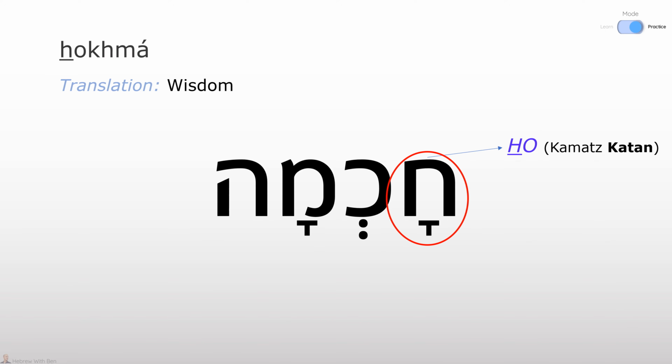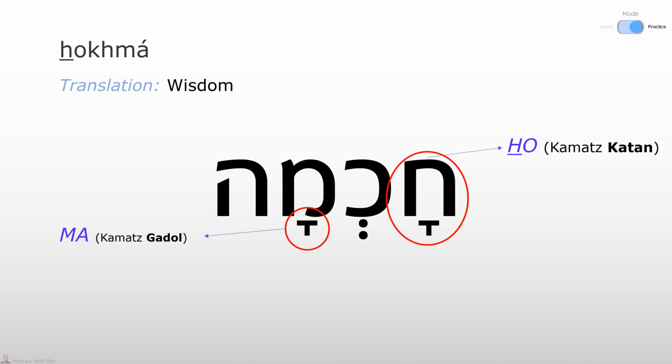The first kamatz is a kamatz katan, adding the sound of O to the consonant Chet. The syllable sound is Cho. The second kamatz is a kamatz gadol, adding the sound of A to the consonant Mem. The syllable sound is Ma.